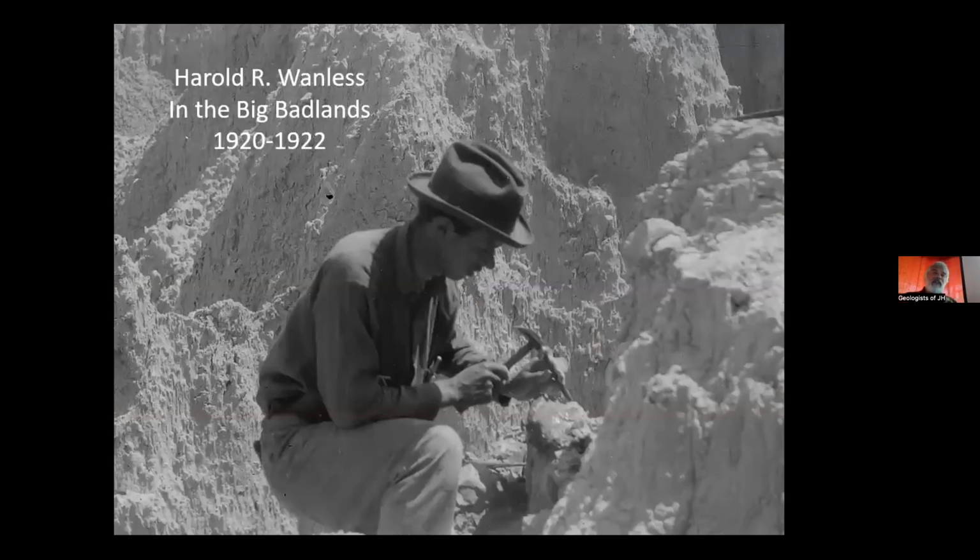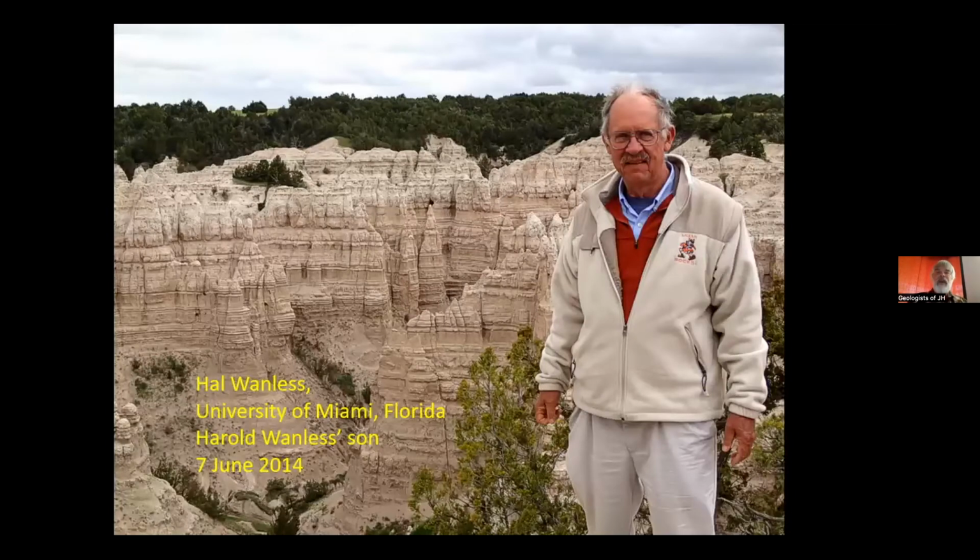Here's Wanless. He was a young graduate student, 1920 and 1922, took a bunch of photos out here, working with William Sinclair from Princeton. We got the photos from his son. This is Hal Wanless. He has almost the same name as his dad, but everybody calls him Hal Wanless, from the University of Miami in Florida in 2014.